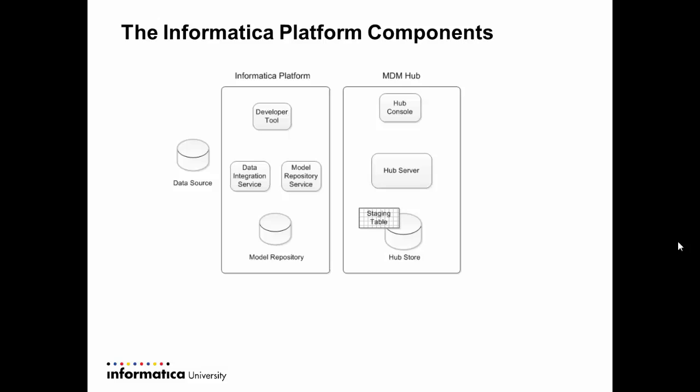That is the model repository service. It's a database. Informatica calls it the model repository. They will contain the metadata of the objects. So we need that. And so we have the model repository itself, which is the database, for example, Oracle. But it also has a service that talks to it.